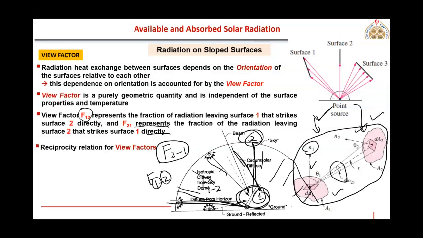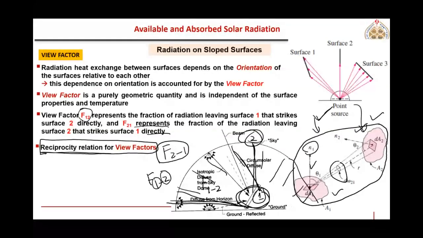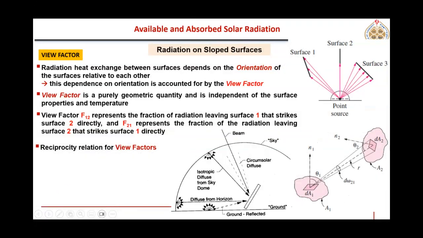So instead of going into that detail, there is one important relation, the reciprocity relation of view factors, which we can use here. Let me clean it. So this is surface 1, this is surface 2.